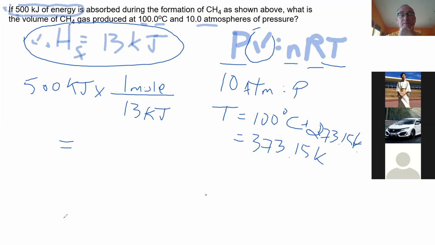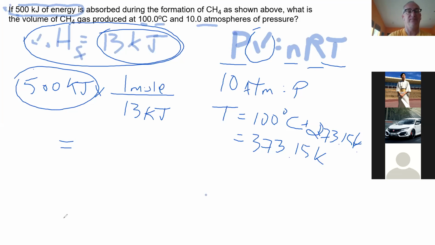That's right. You intuited very correctly that since the delta H of formation is for the formation of 1 mole, that's why it's delta H, because 1 mole forms 1 mole of methane. If 1 mole requires 13 kilojoules of energy, then a reaction that required 500 kilojoules of energy must be more than 1 mole, right?